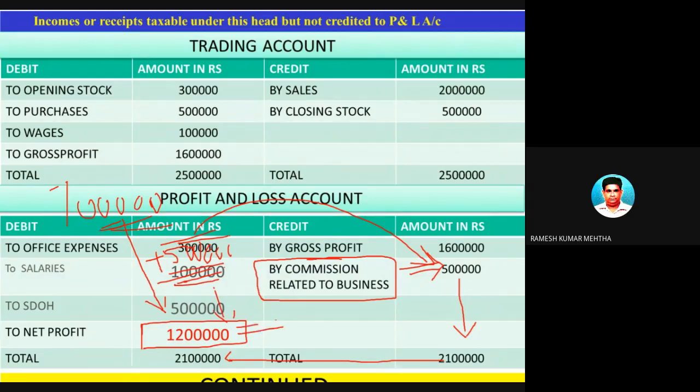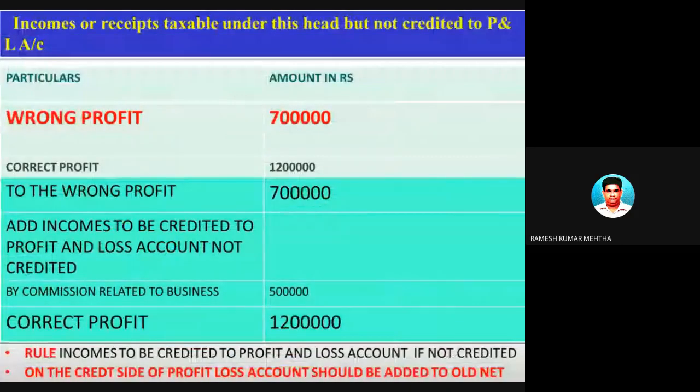In the next slide, this is shown to you. Look and note it. The wrong profit was 7 lakh rupees, the right profit was 12 lakh rupees. To the wrong profit, add 5 lakh rupees, which was supposed to be credited to profit and loss account, but you have not shown it as income. So you will get 12 lakh rupees. So what is the rule?